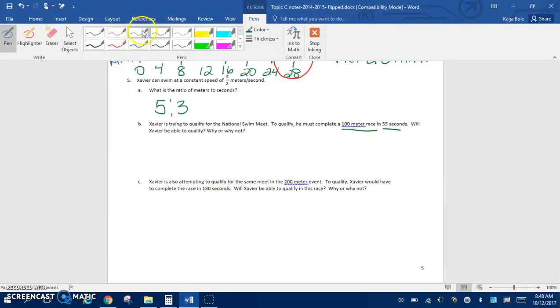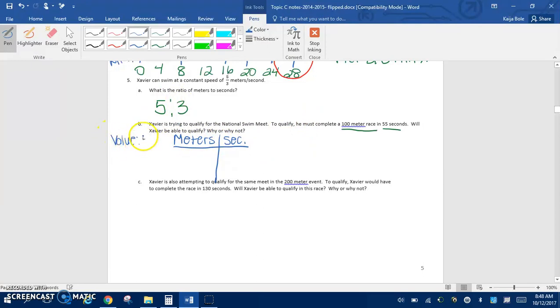Okay, so we've used all of our resources that we've been practicing. So in our tables, we will have meters, and we will have seconds. Okay, so first, why don't we look at the value of the ratio based off of what they told us from above.